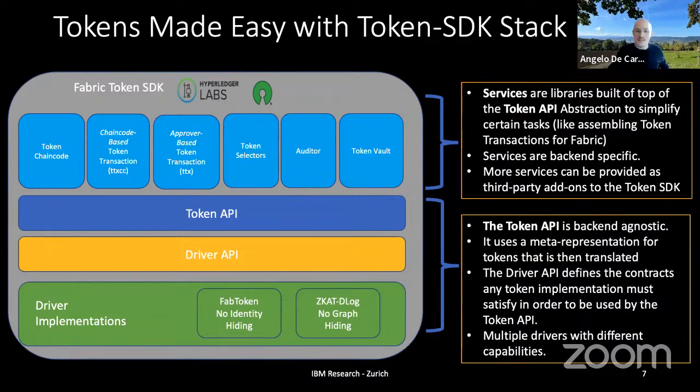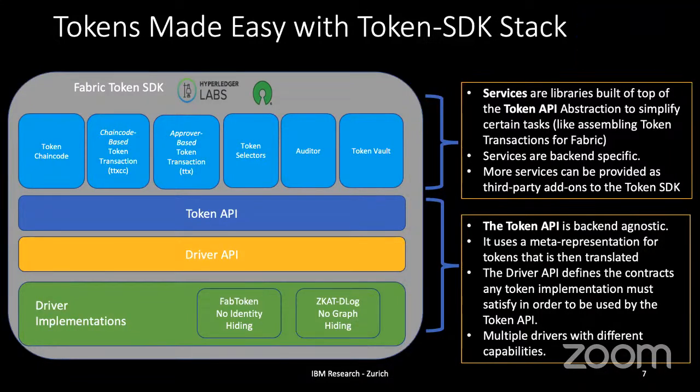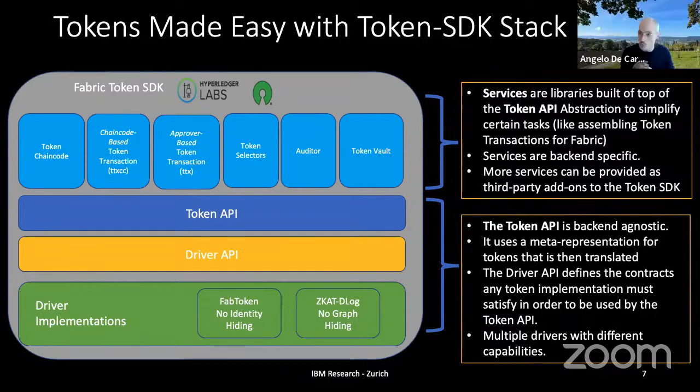Then the calls to the token API are translated to calls to a lower layer that we call the driver API. It's the driver that does the dirty job. It takes care of all the complexities of the zero knowledge proofs or any other technology you might want to use. Through the driver API, we go to the specific driver implementation that can give you the flavor of privacy that you need.